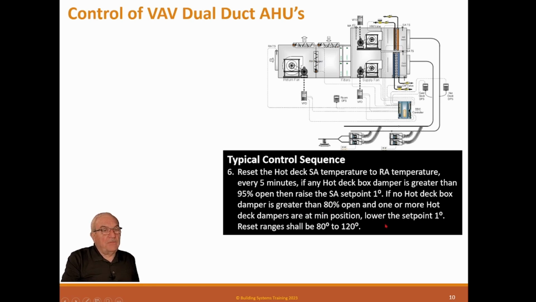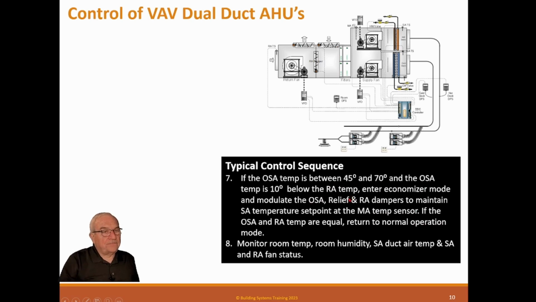One thing you have to be careful with here is you've got to run a couple of these to make sure that your 1 degree and 1 damper open doesn't take too long. So in other words, if you had just 1 degree and it got hot quickly, it might take you an hour to get to temperature, and that's not acceptable. So you have to kind of check out the timings on this. The thought process is the same, but your numbers might actually change. Now here's the economizer, which is the same.